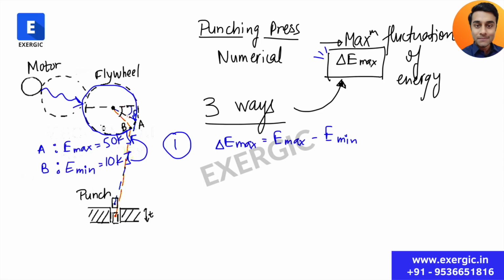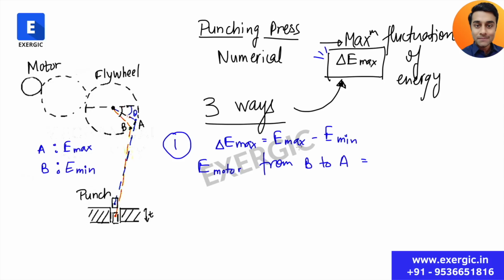So basically the motor has supplied E max minus E min, the maximum fluctuation of energy. So we can clearly say that the energy provided by the motor from B to A is nothing but E max minus E min, which is the maximum fluctuation of energy.